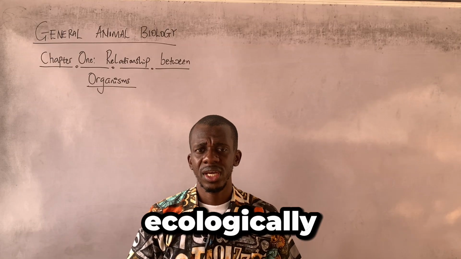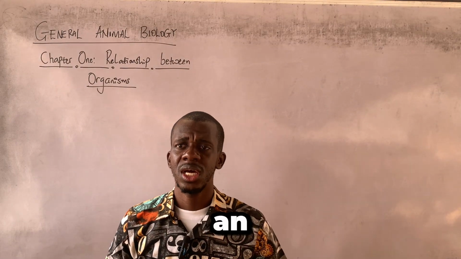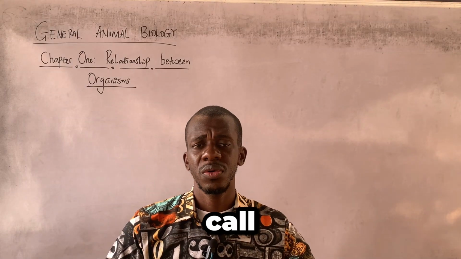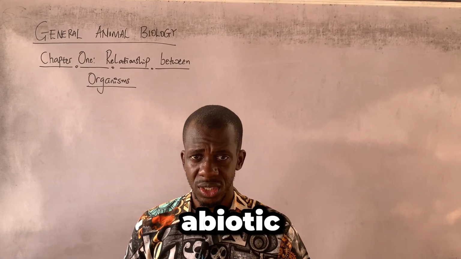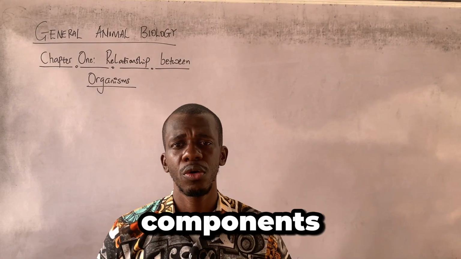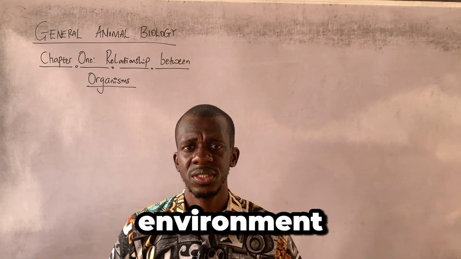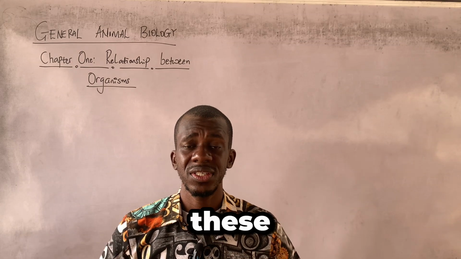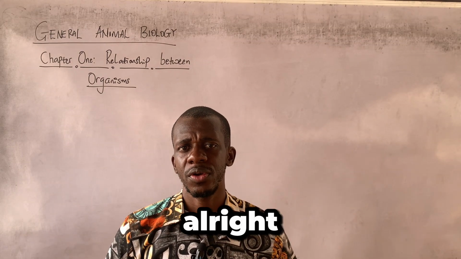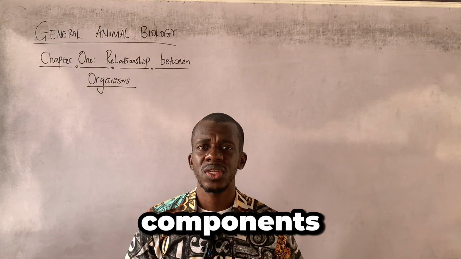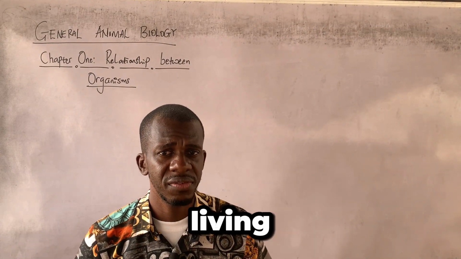All right. So ecologically speaking, in an environment, we have what we call the biotic factors and the abiotic factors. The biotic factors are the living components of the environment, which are chiefly the plants and the animals. The abiotic factors are other components of the environment that are non-living.